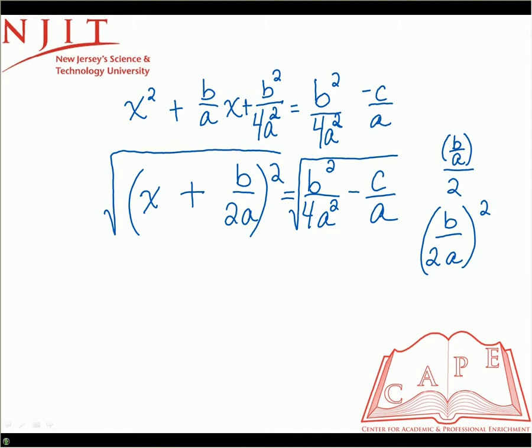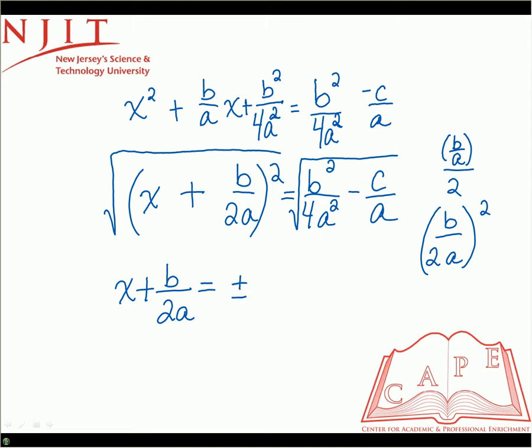And so on the left side, it just leaves us with x plus b over 2a. And of course, on the right side, these are all numbers and there's no variables there, so don't forget it's plus or minus.